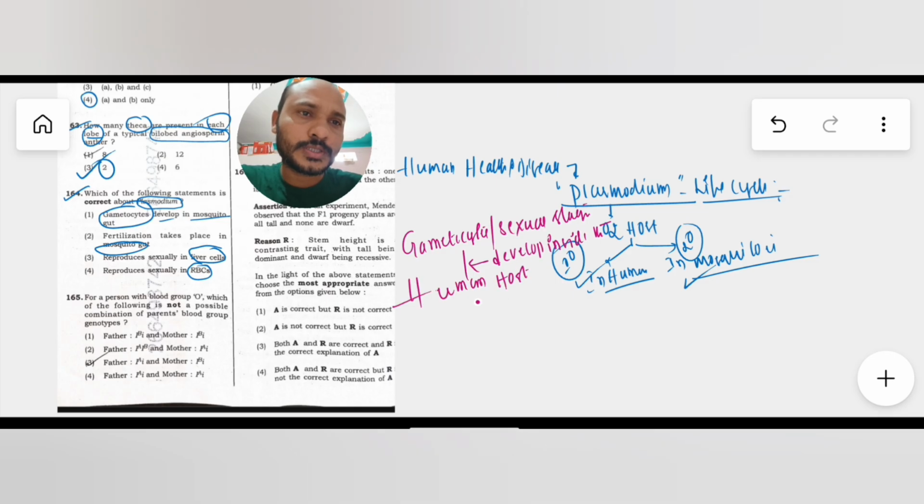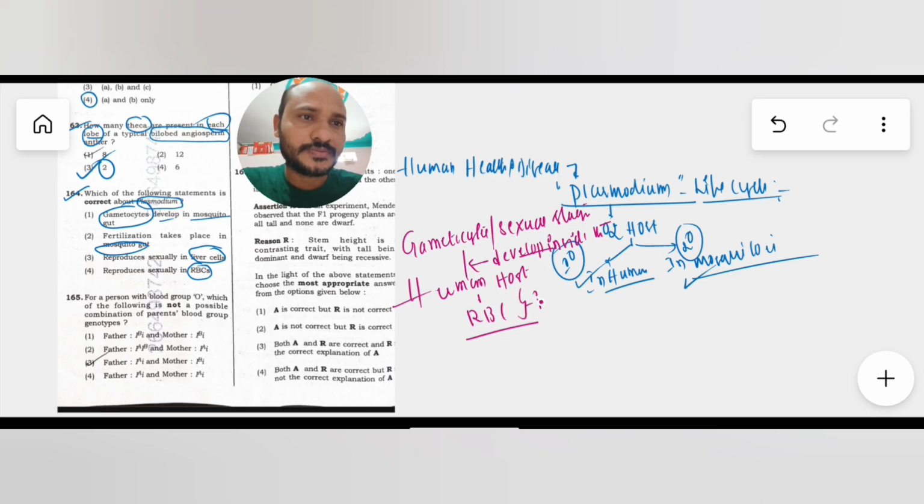In the human host, only in RBC, red blood cells or erythrocytes, can these gametocytes at sexual stage develop. And when a female Anopheles mosquito bites the infected person, gametocytes or sexual stages have developed in the human host, meaning this host becomes the infected host.